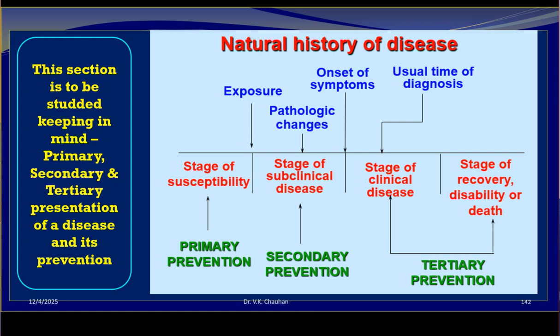In psychiatric problems, we have a diagnostic set of symptoms which form a constellation, given as standard diagnostic guidelines in DSM-4 and ICD-11. DSM-5 we are applying nowadays. When we talk about organic diseases, in the subclinical stage investigations may be positive and biomarkers may be positive, but symptoms are not there.